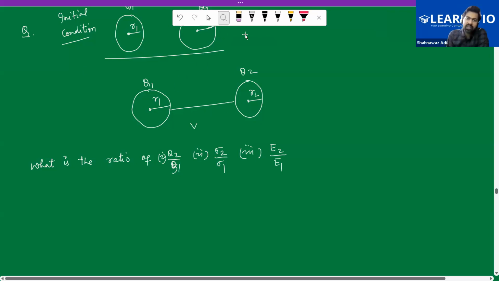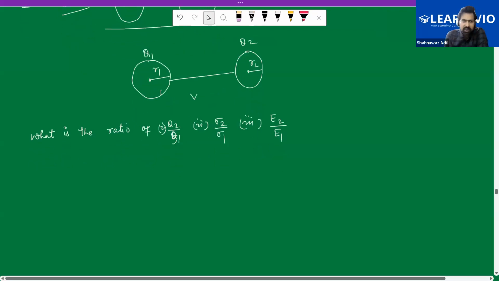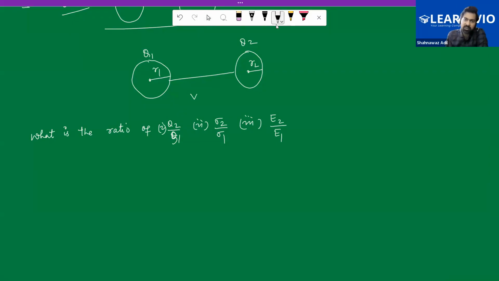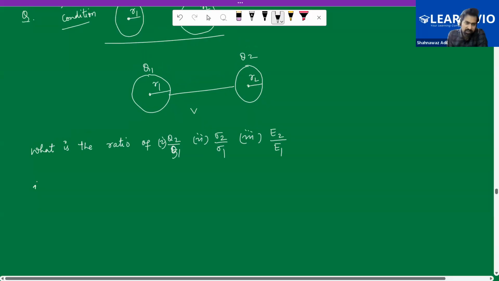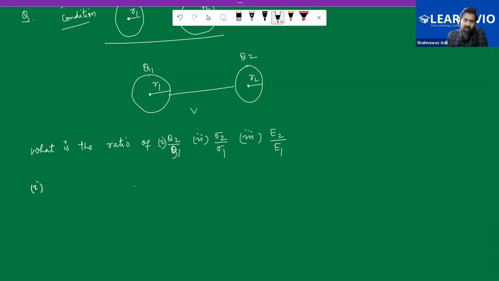If they are connected together, the idea is that whenever the two spheres are connected, their potential becomes equal. So potential on this surface becomes equal to potential on this surface. The first part is we have to find out what is Q2 by Q1.